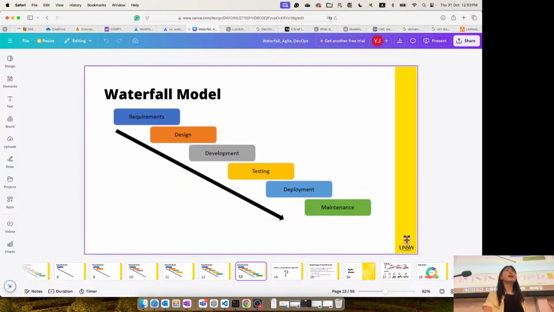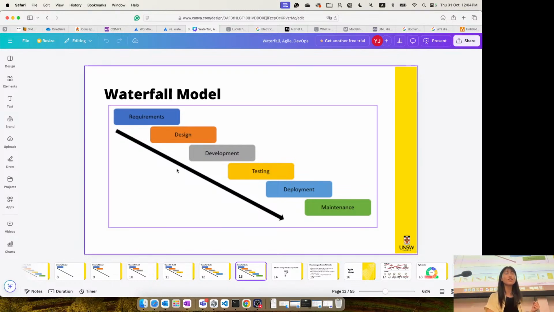Later on, people realized that following this waterfall model takes a really long time to reach an end product. It's also very hard to go back up the waterfall. You need to swim up the waterfall, which is almost impossible, right? And it's also very time consuming if you realize that one of the requirements was wrong, like the requirement engineering team misunderstood the stakeholders' needs.